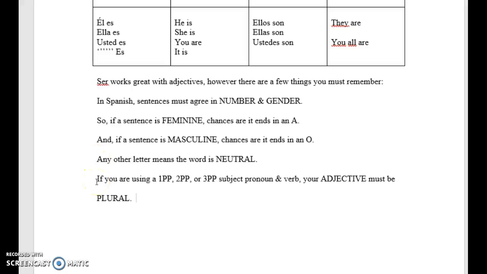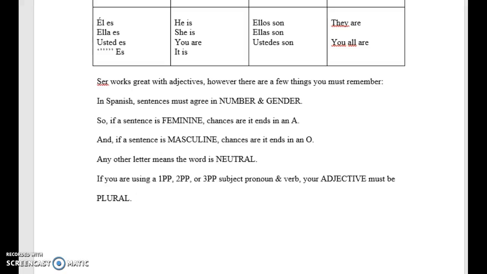If you are using a first-person plural, second-person plural, or third-person plural subject pronoun and verb, your adjective must be plural. We're going to have an opportunity to practice this throughout the unit on ser.